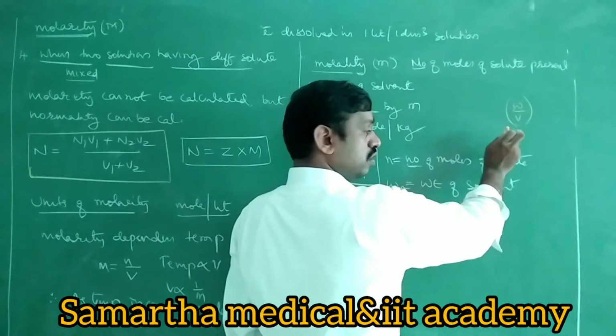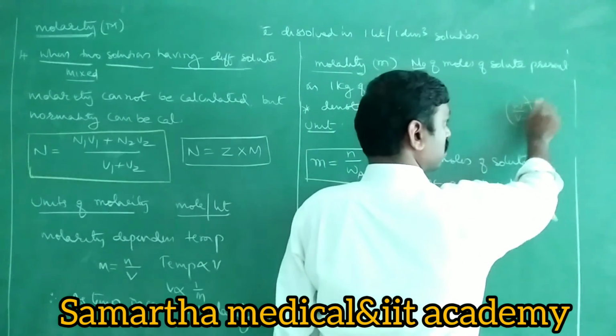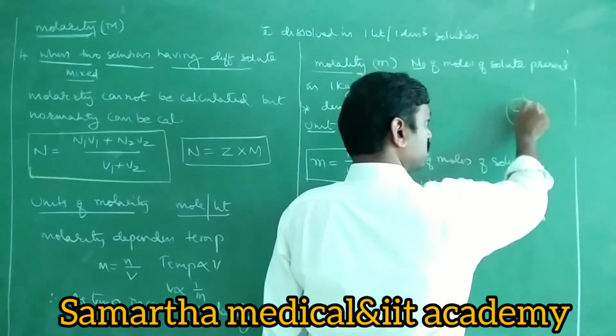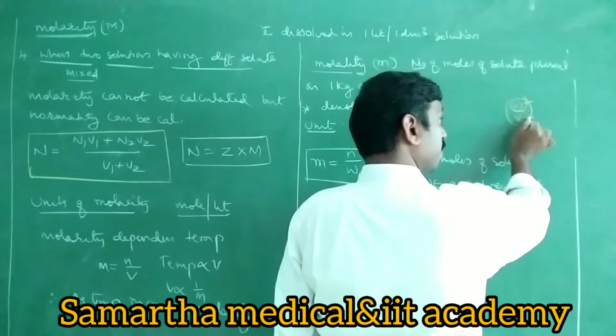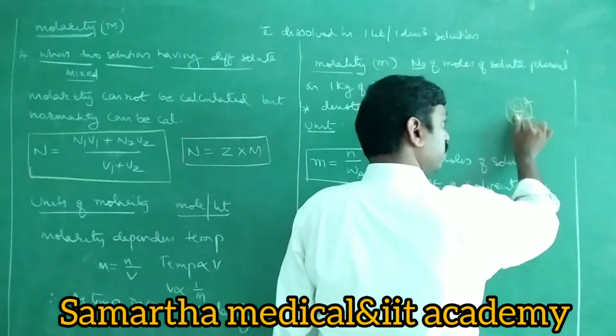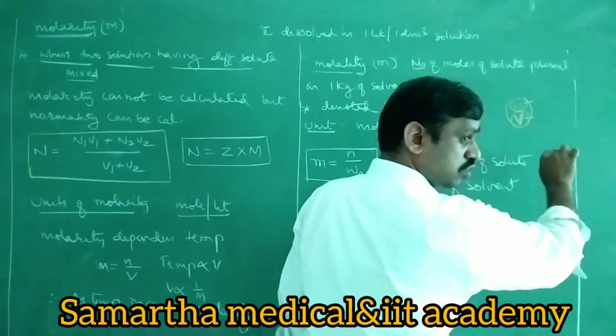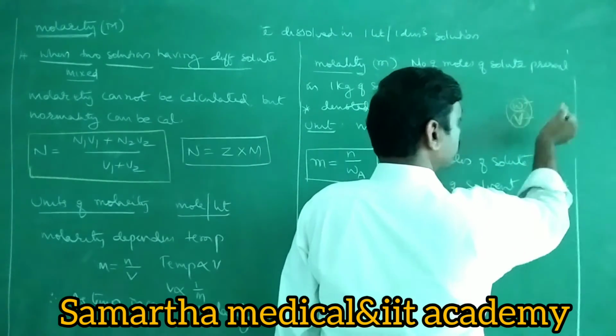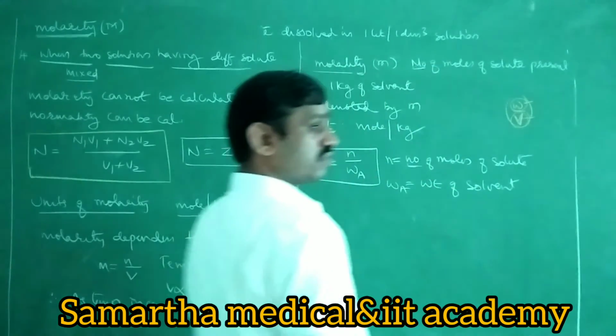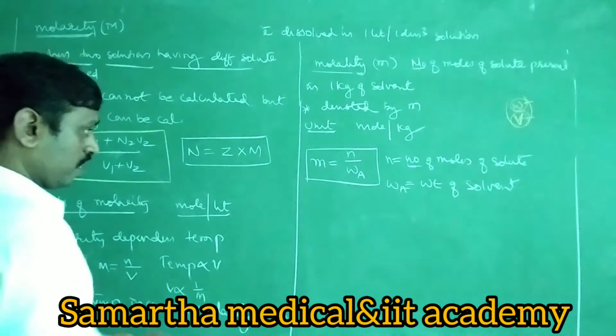No, this is solution, this is solvent. Number of grams of the solute present in 100 ml of solution, because V relates to the volume of solution, and W relates to the weight of solute.